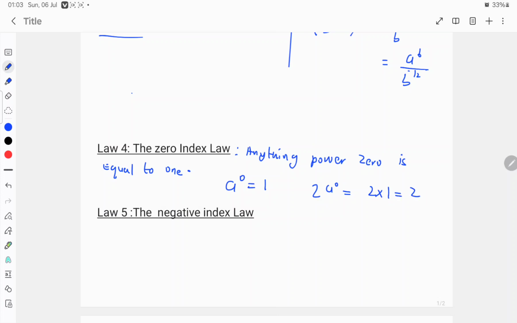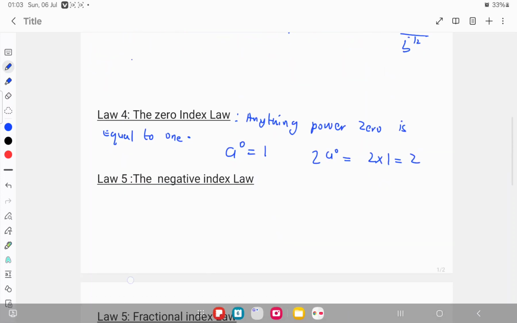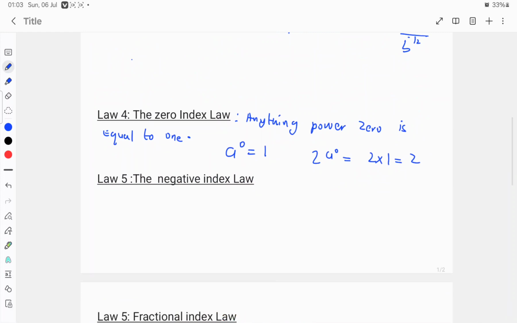Okay, let's move on to the fourth rule of indices, which is the negative law of index. So the negative law of index goes like this. Let's say we have a power negative m.